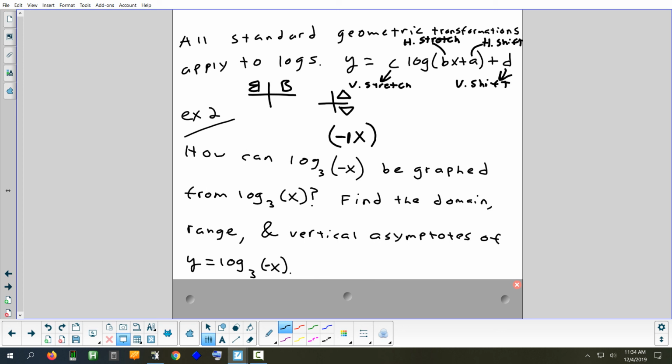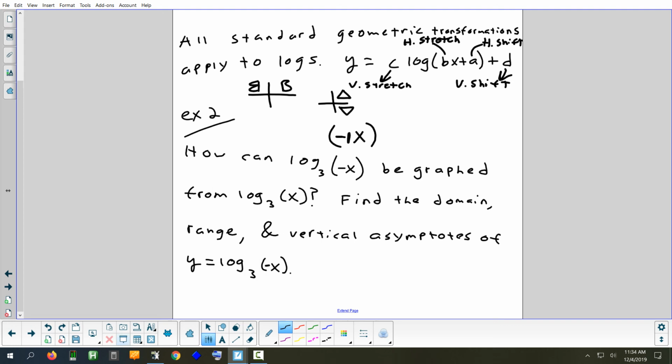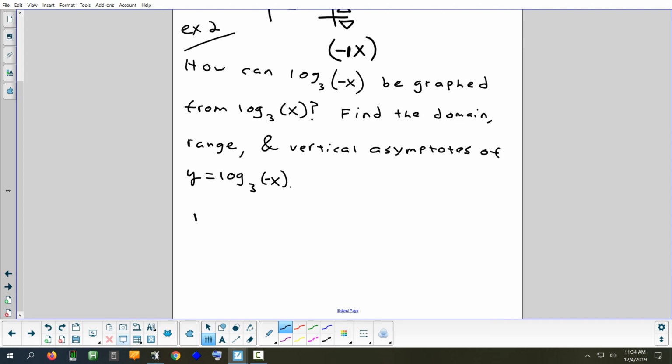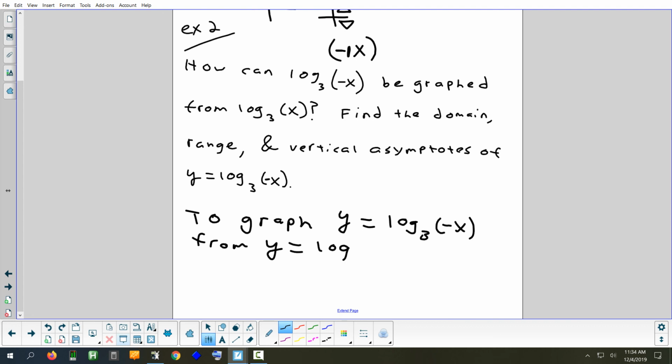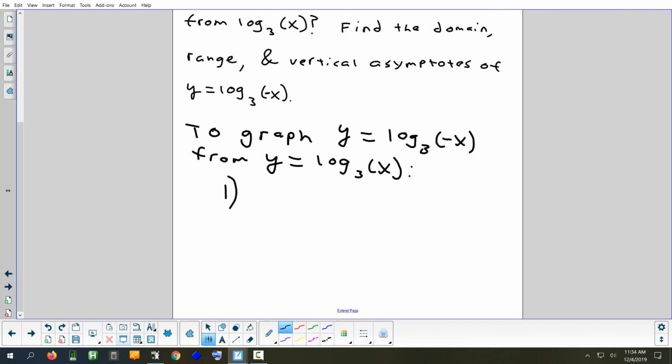Is the B inside or outside the parentheses? Inside. And the stuff on the inside is always horizontal. So it's a horizontal reflection. All right. So to graph y equals log base 3 of negative x from the original, log base 3 of x, do one thing.